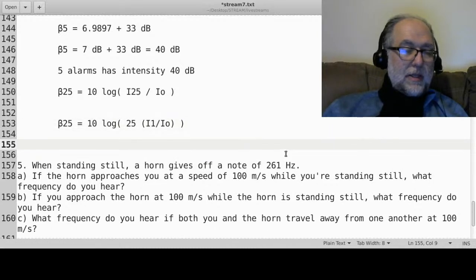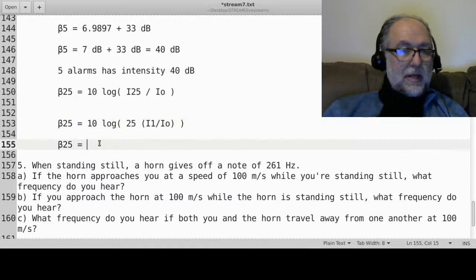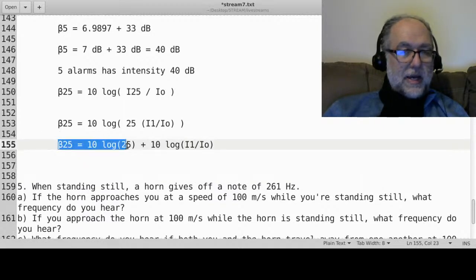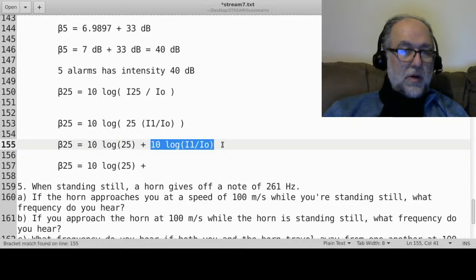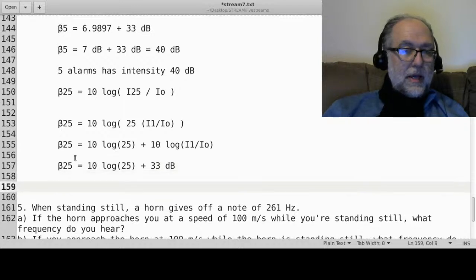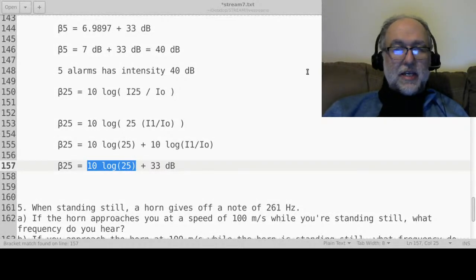And now what? Play the little log trick, and now I'm going to go a little faster. I'm going to have 10 log of 25 plus 10 log of I1 divided by I naught. And then you go, wait a sec, I know what this is equal to. That's your beta 1, which is 33 decibels. Like that. And then you just work this out in your calculator, and I know the answer is 14.